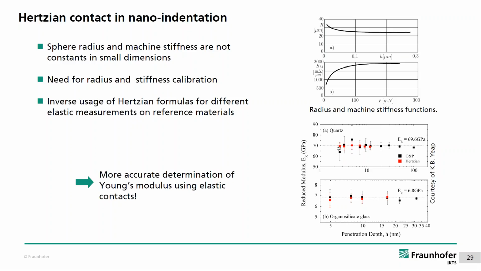And if you've done this, then you can see here the red dots are the Hertzian contact. So these are elastic experiments, and the data analysis is done with the Hertzian contact for the red dots, and with the Oliver-Pharr method for the black dots. And you see with the Hertzian contact you get less scattering and better results for the elastic modulus, whereas for the Oliver-Pharr method you have bigger scattering. So it's more accurate than the Oliver-Pharr method.